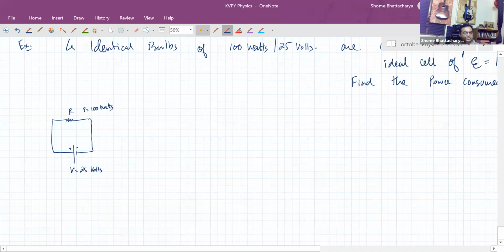So it drew a current such that, whatever the current was, I square R is equal to 100 watts.